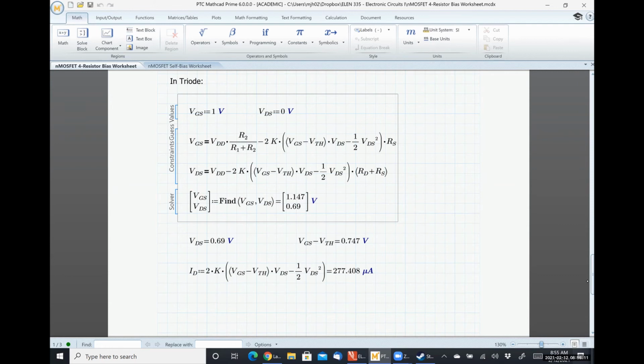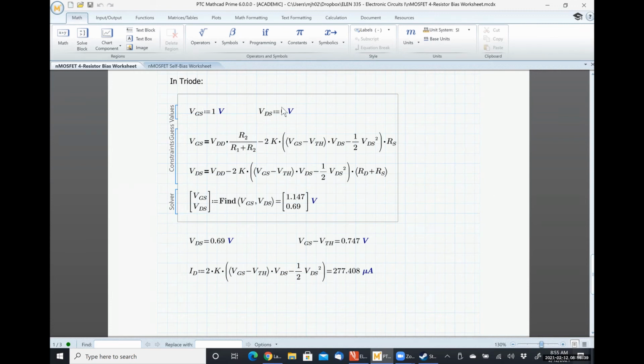One thing that you want to make sure to do if you go this route, which I would highly encourage you to do, I chose a VGS value of 1 just arbitrarily, and you need to make sure that you choose VDS less than VGS, because you know that this guy is operating in the triode region where at a minimum, VDS needs to be less than VGS minus VTH.